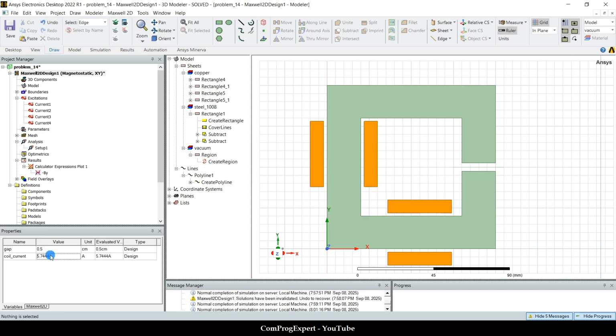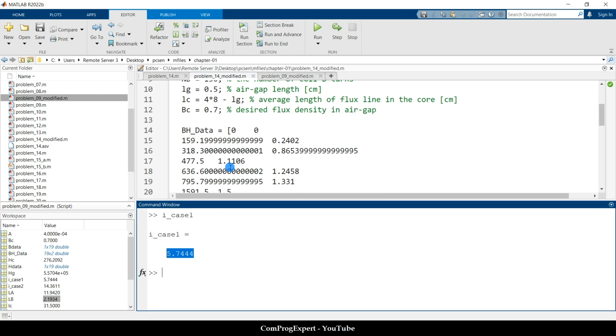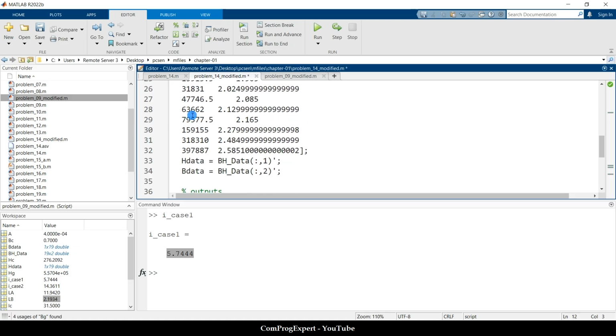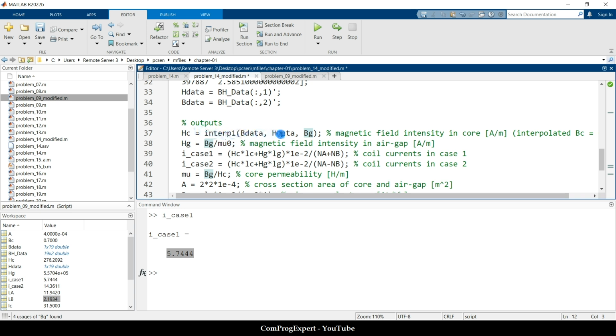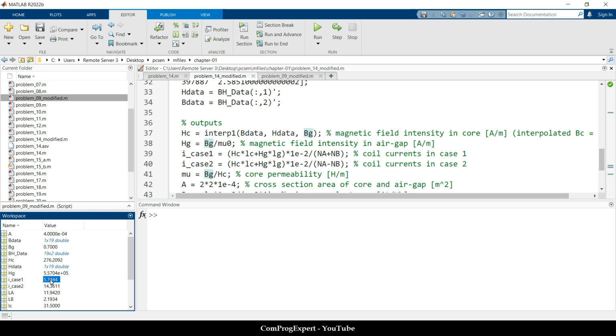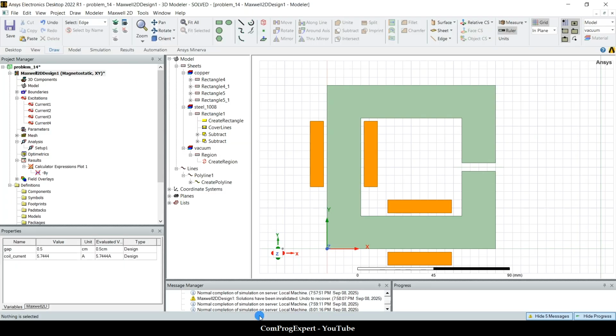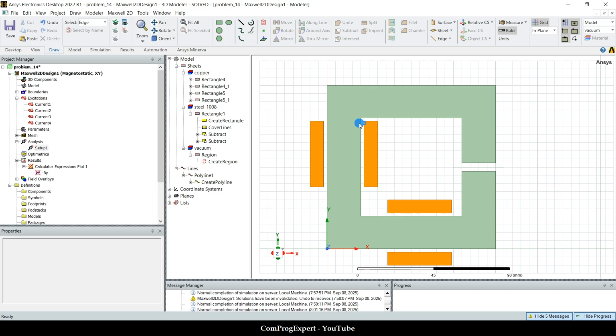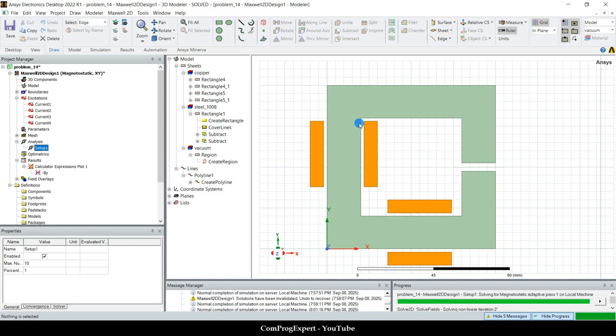In this case, I assumed that the desired core flux density to be 0.7 Tesla in the gap. Let me change this in the gap. Here you can see the interpolations, and this is the value of the current. So let's run the simulation again and check the numbers.